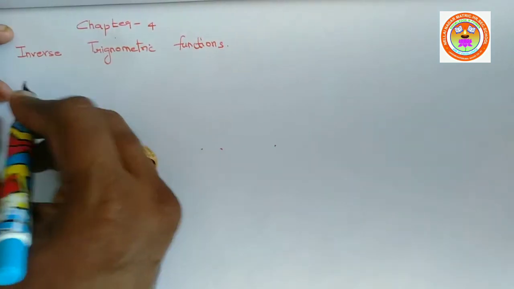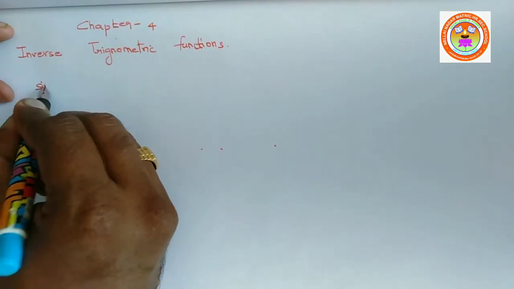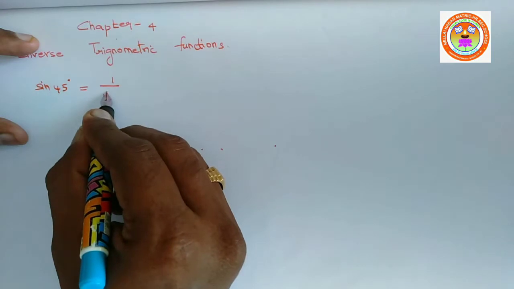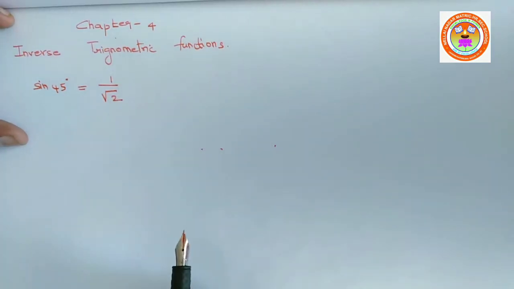If I take a well known value, sine 45 degree is equal to 1 divided by root 2. Sine is followed by an angle; 45 degree is the angle.